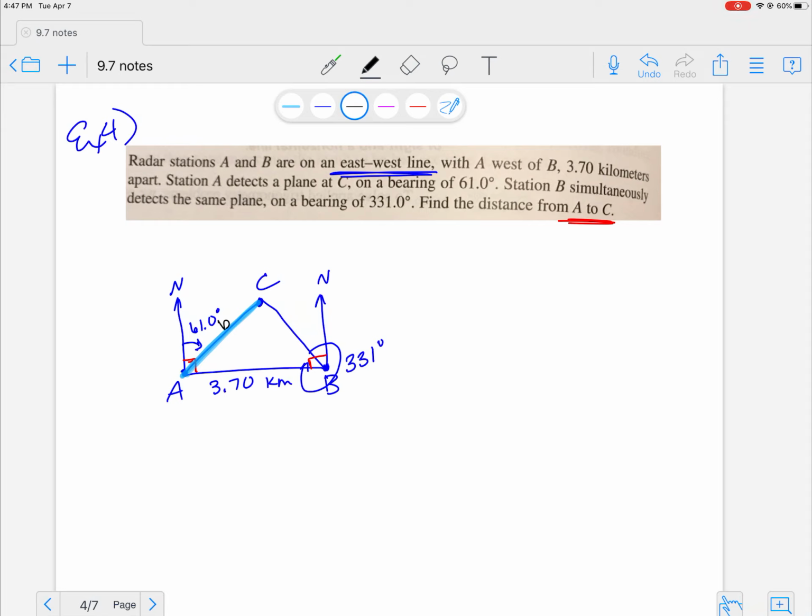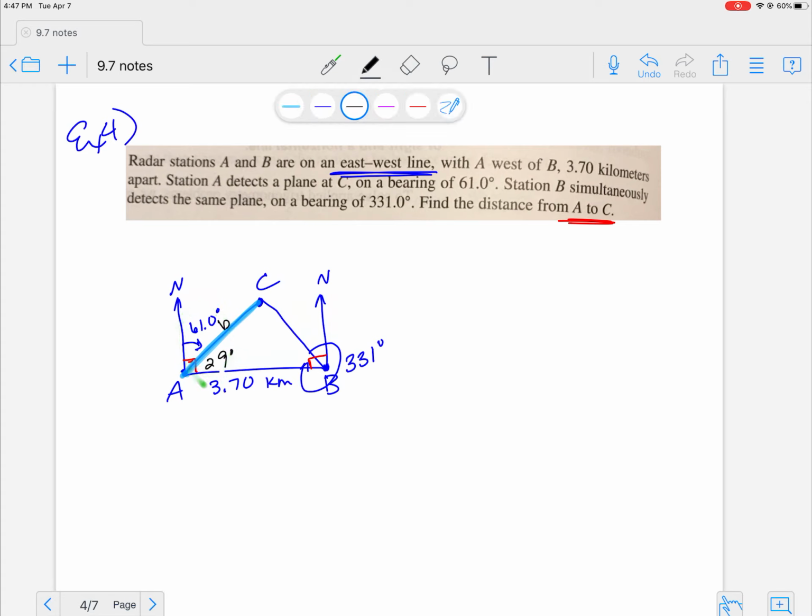My distance from A to C is going to be across from B. Now, if I know these bearings that we have, then I have 29 degrees over here.